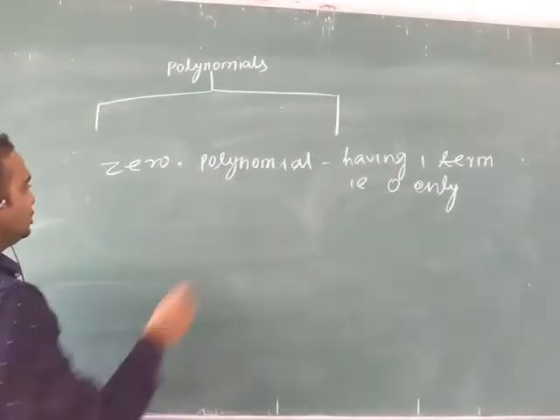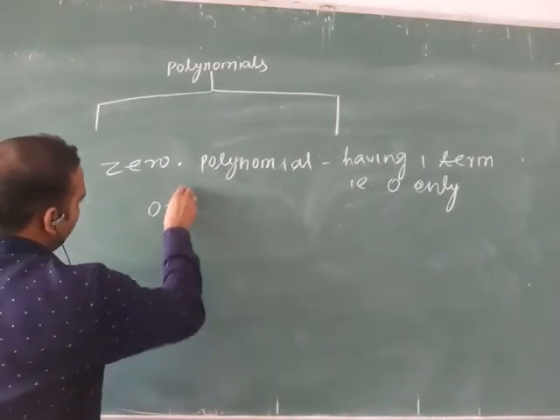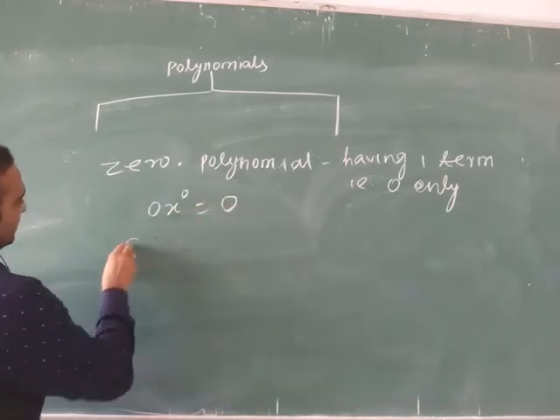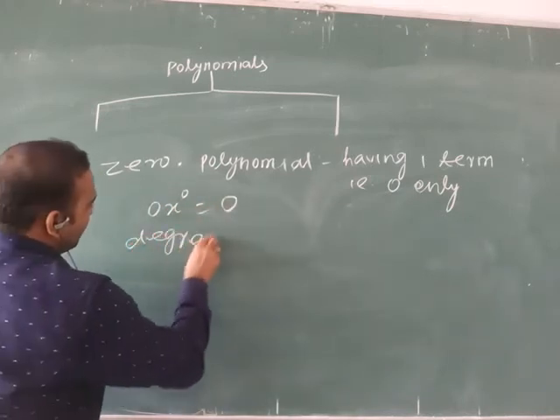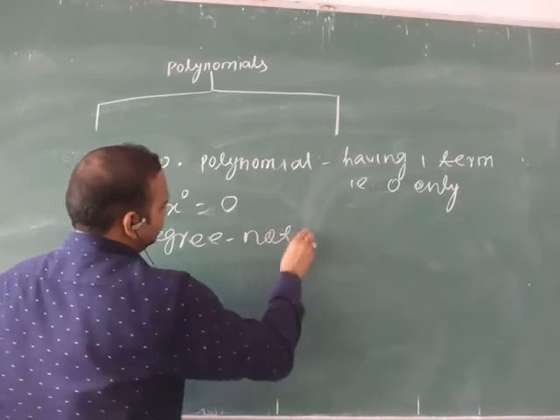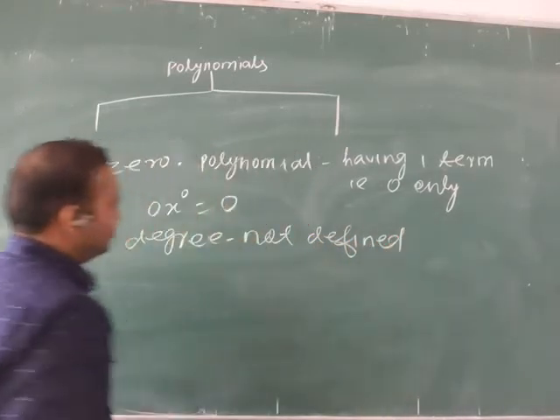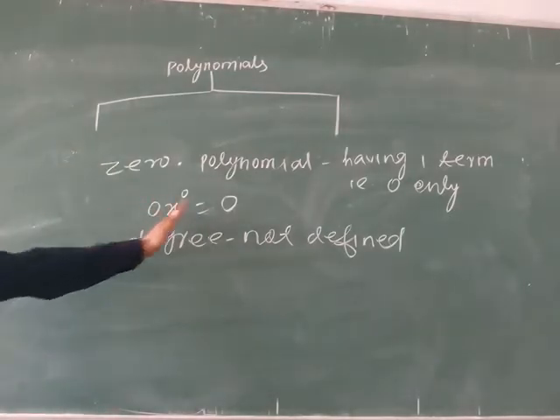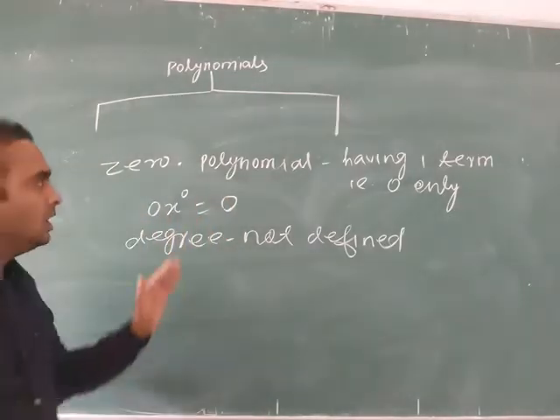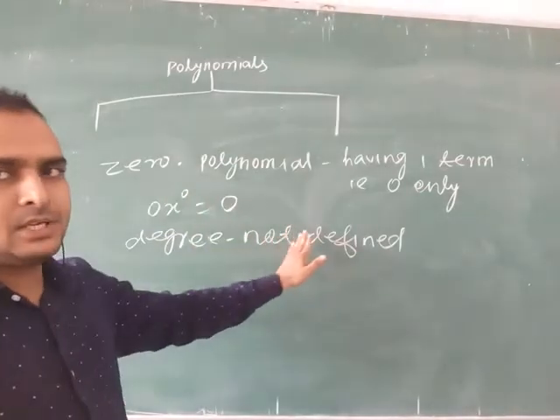And the degree of the zero polynomial is not defined, because anything multiplied with 0 will give 0, so the degree of the zero polynomial is not defined.